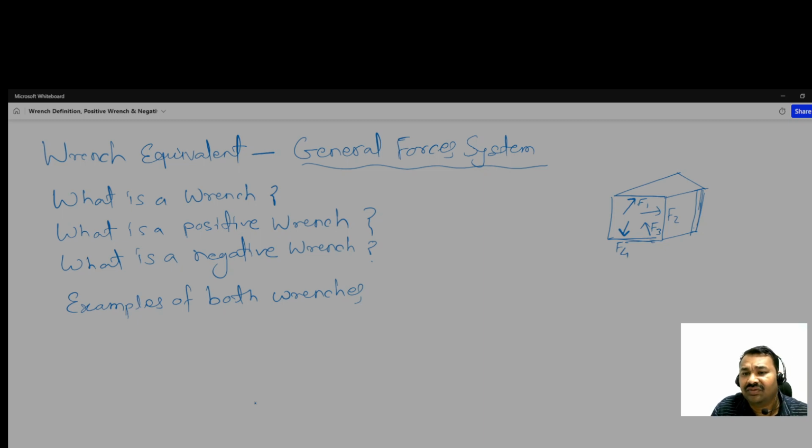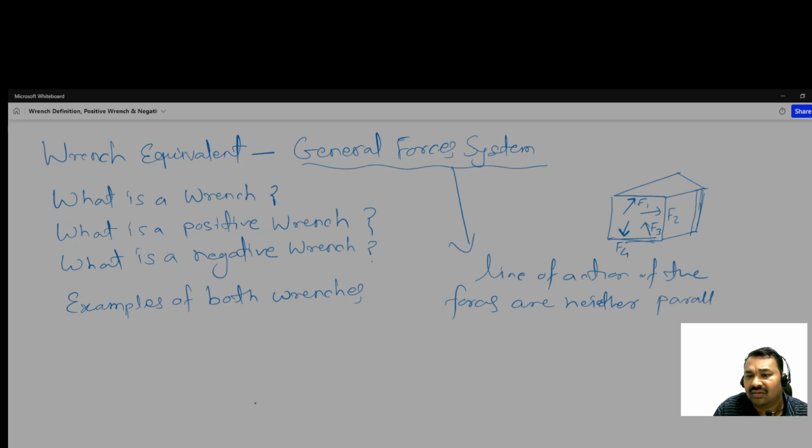So in general force system, we talk about the line of action of the forces, which are neither parallel nor concurrent.